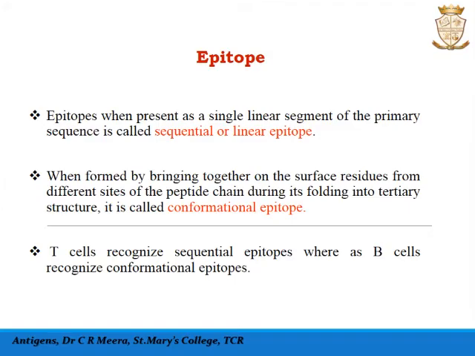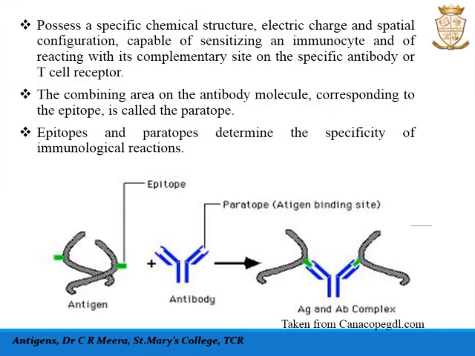Thus, epitope is that particular region of an antigen with a specific chemical structure, electric charge, and configuration capable of sensitizing the B or T lymphocytes and thus initiating the humoral or cell-mediated immune response. Similarly, on the antibody also, there is a specific part complementary to the epitope which will bind with the epitope.